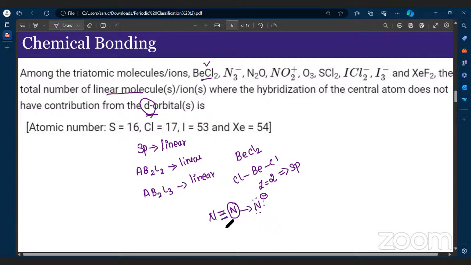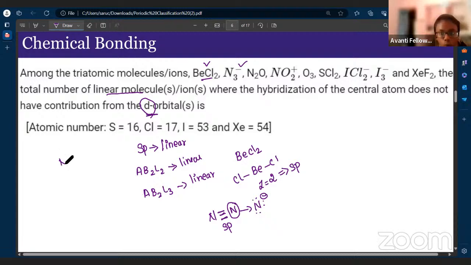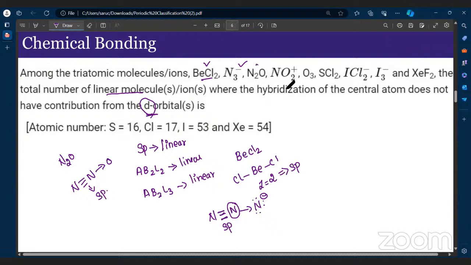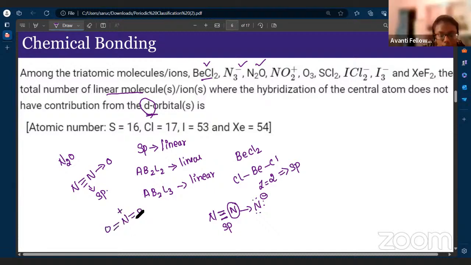It has a triple bond, so sp. And N2O: N triple bond N, so the hybridization over here is sp. And NO2 plus: you have two sigma bonds. This is also going to be sp.